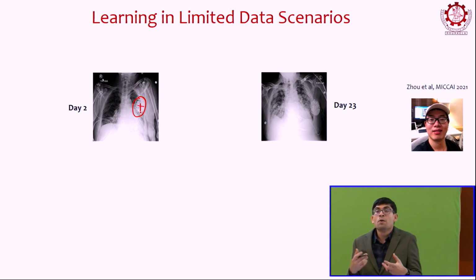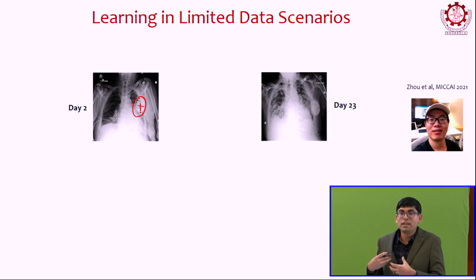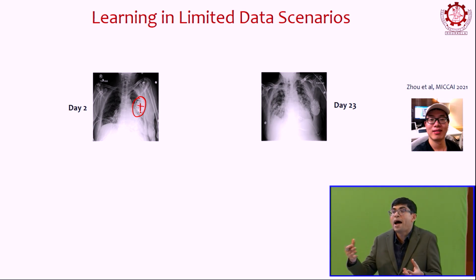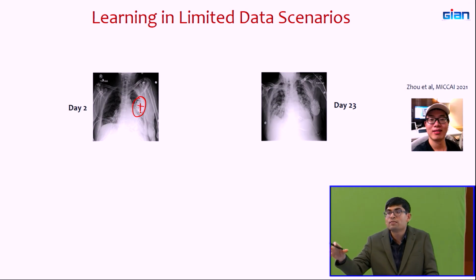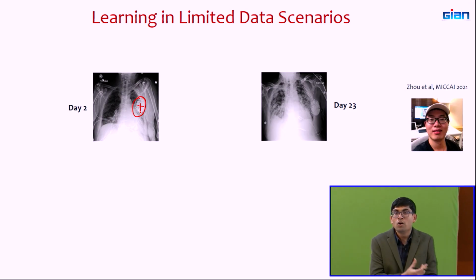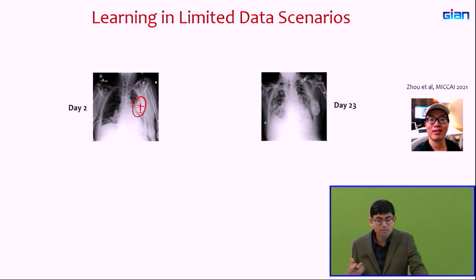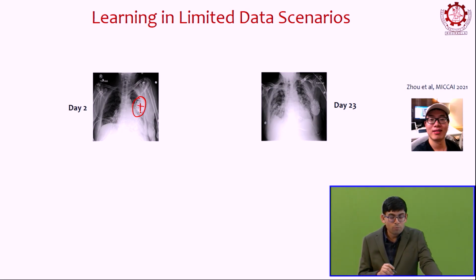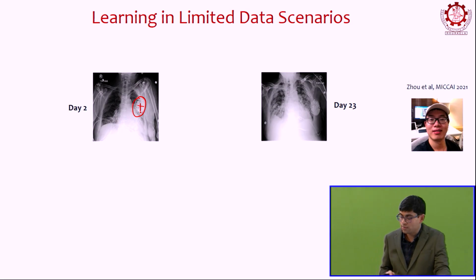People who have some sort of leads or wires, there's something going on with those patients, right? They're already bad to start with. So your model will probably pick up on those differences rather than differences from the lung. So this is a very important pre-processing step, to not include regions like this in your analysis.